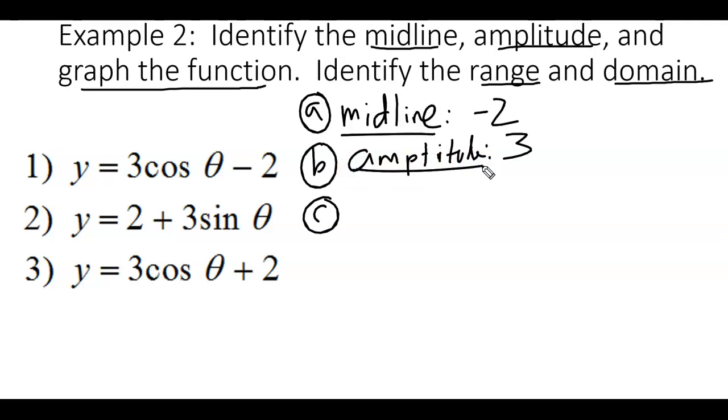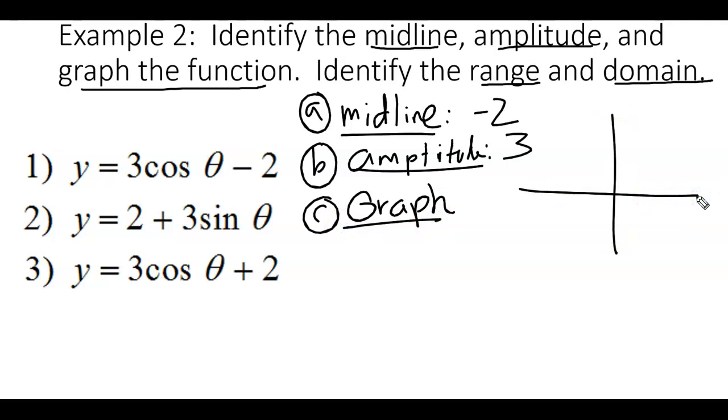Now, I'm going to graph the function, and I'll do that over here on the side. So first of all, I'm going to plot my midline at -2. There's my midline. And then I'm going to plot my maximum and my minimum lines.